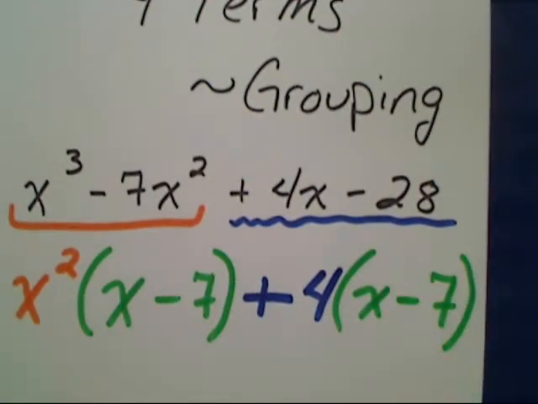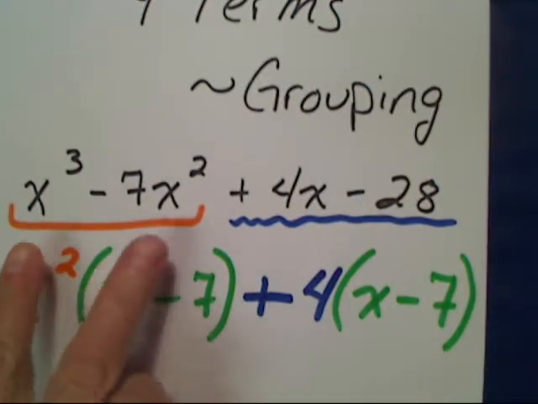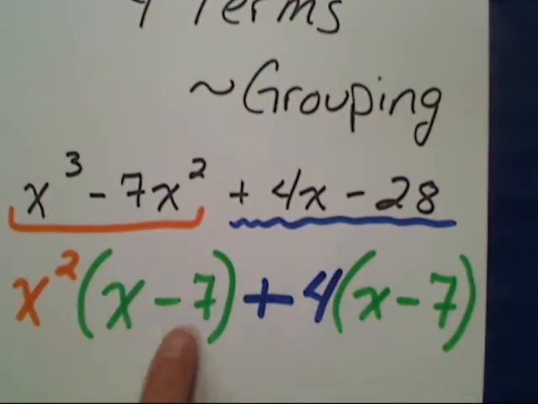We're not done with this problem yet because for a problem to be in factored form, your final answer has to be all multiplication. We have multiplication here, we have multiplication here, but they're being separated by addition. So we just simplified. We made 4 terms into 2 terms, but they're still terms. I need my final answer to be factors so that the problem is done completely.